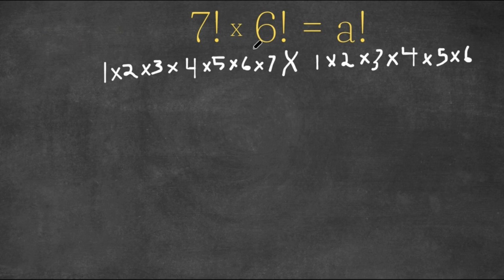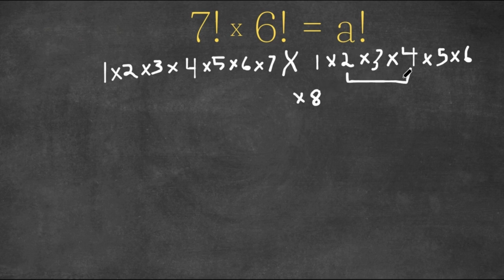Now, as you can see, we have 1 all the way to 7. So now what we're going to do is, well, 2 times 4, these two equal 8, right? And that's the next number of the sequence. So we have times 8. Now, how would we get 9?